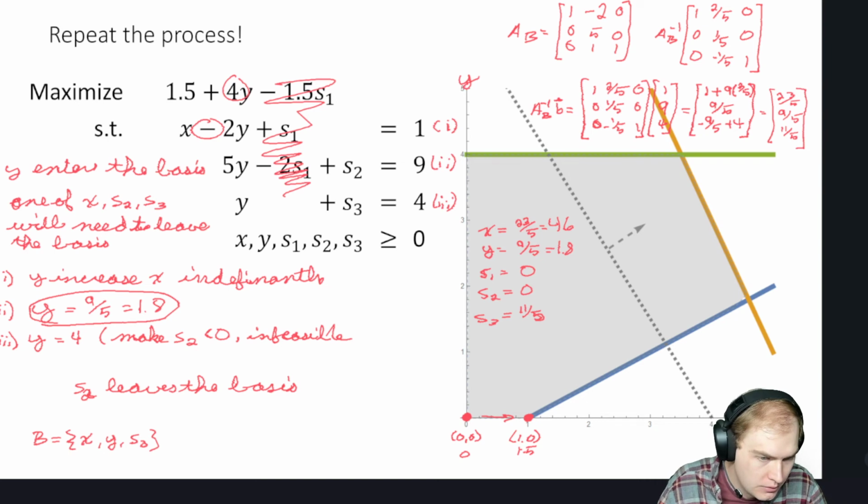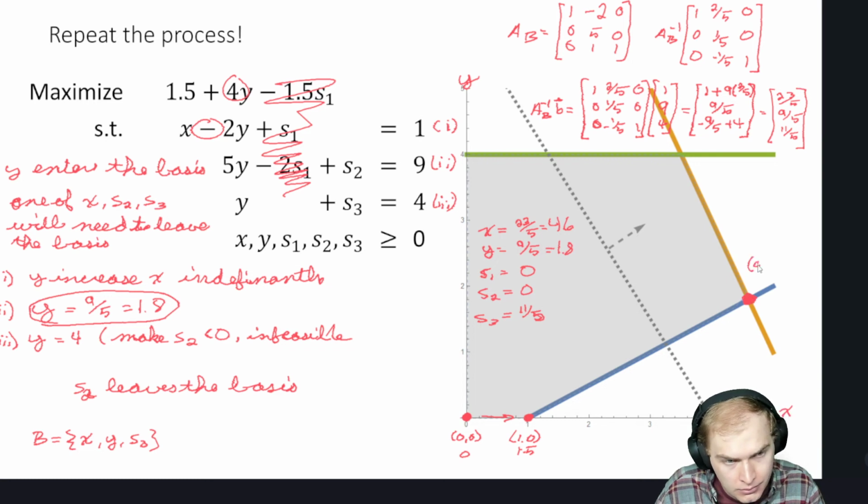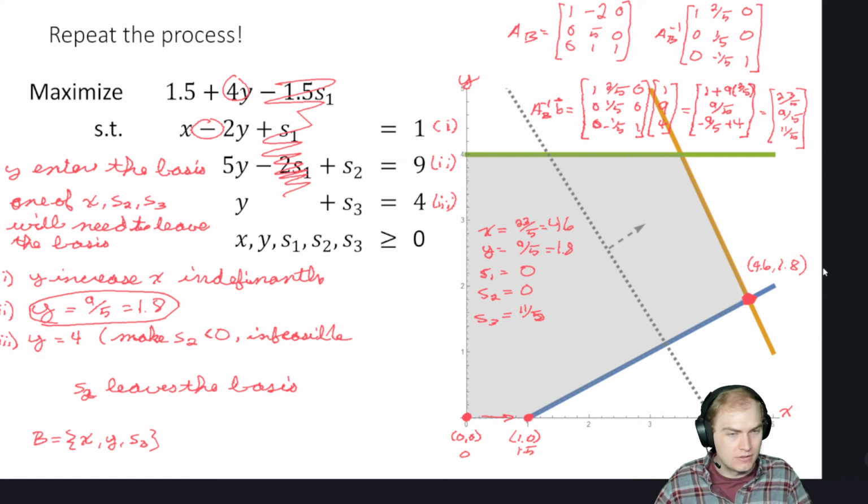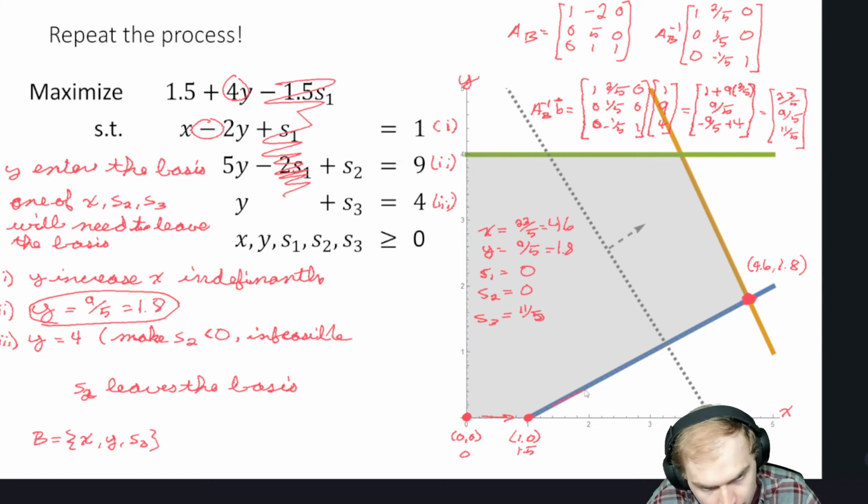So 4.6, 1.8 is our new extreme point. So we've just traveled up this way.